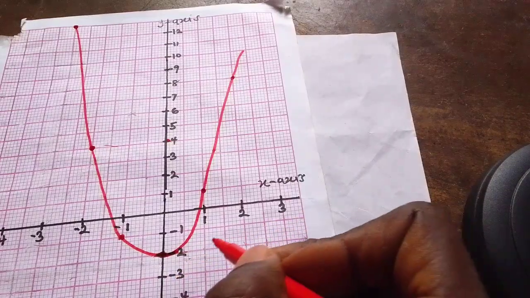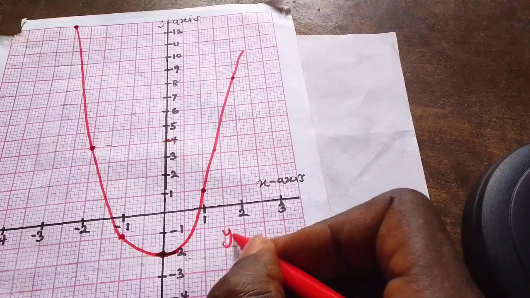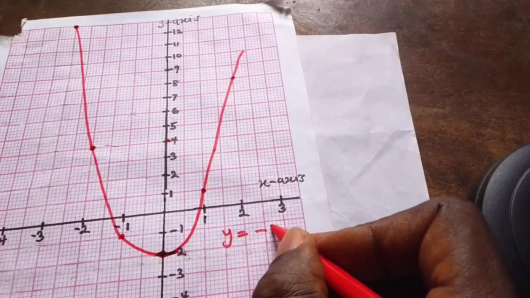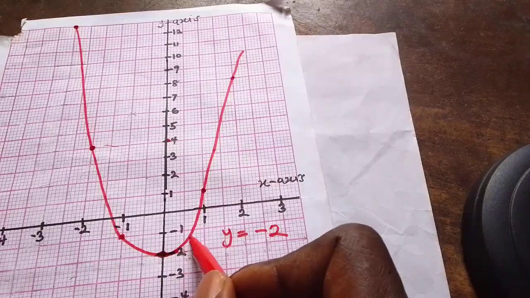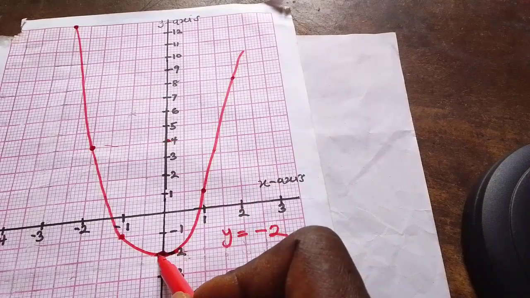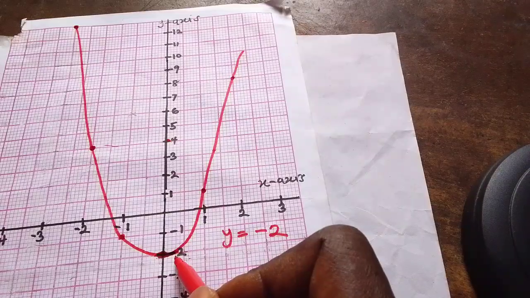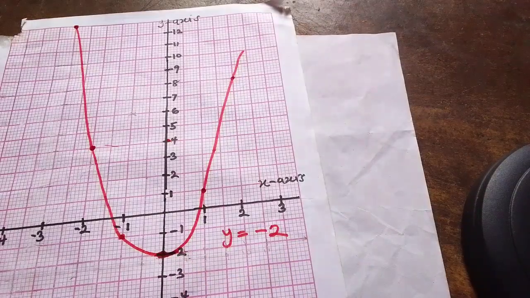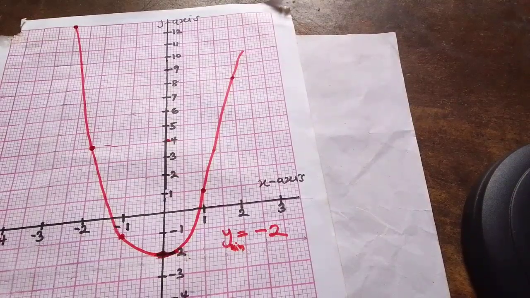Here you can see that the minimum value is y = -2. So this is my minimum value. Trace it to the axis, it means at when y is equal to -2. Then y minimum is equal to -2.